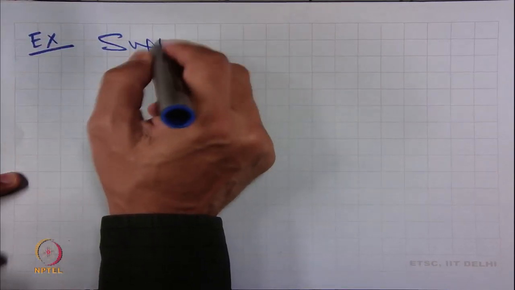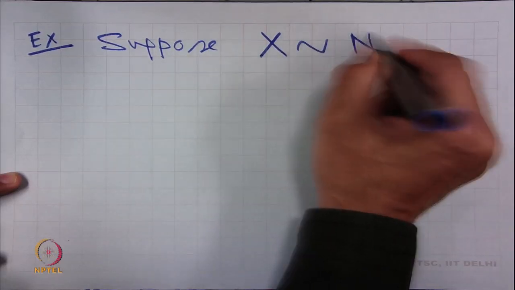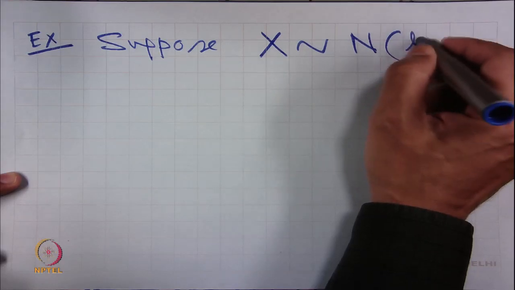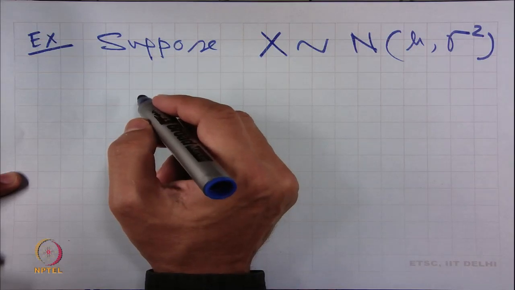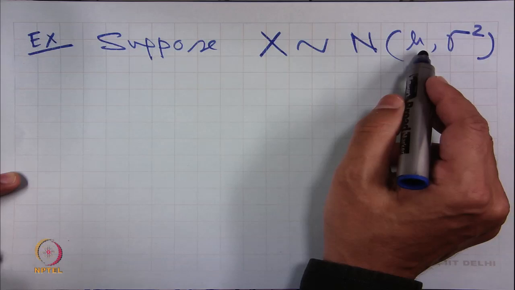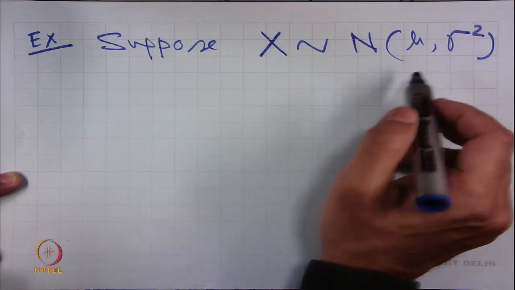Suppose x is a normal variate with mu and sigma square. X is a normal variable with expected value equal to mu and variance of x equal to sigma square.